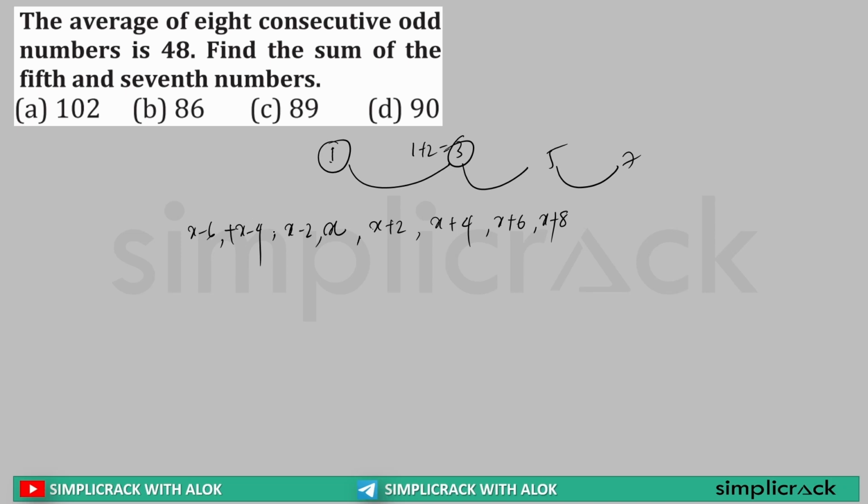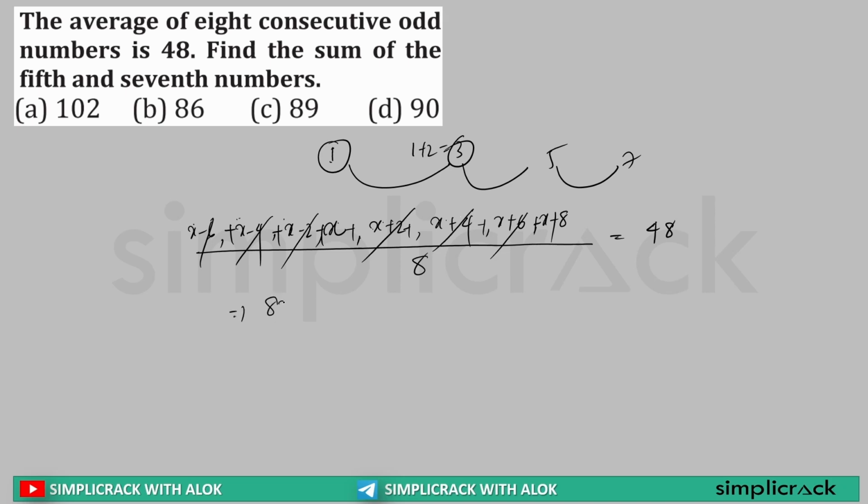That means if I add those and divide by 8, because there are 8 numbers, the average will be, sir, what? 48. Clear? Now, sir, minus 6 plus 6 cross out. Sir, minus 4 plus 4 cross out. Sir, minus 2 plus 2 is equal to 0. So that's why I'm saying they cross out each other. So how many x are there, sir? 1, 2, 3, 4, 5, 6, 7, 8.